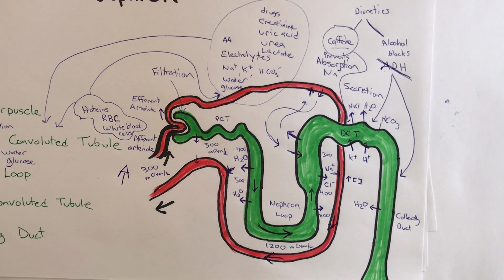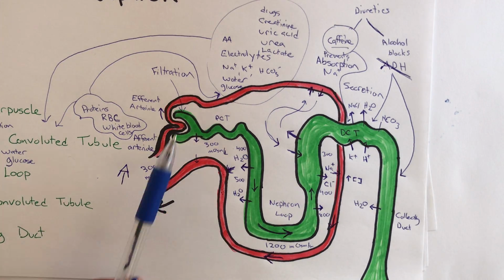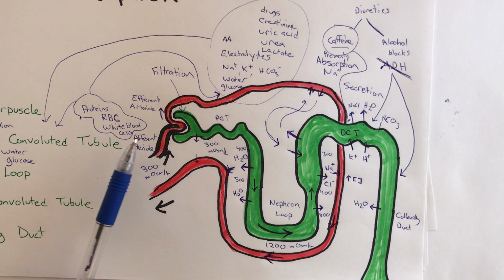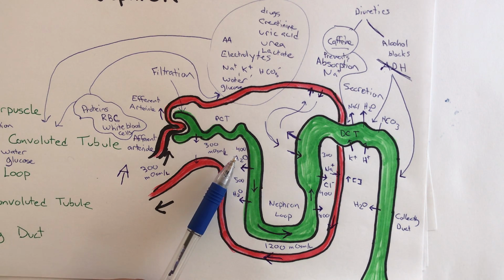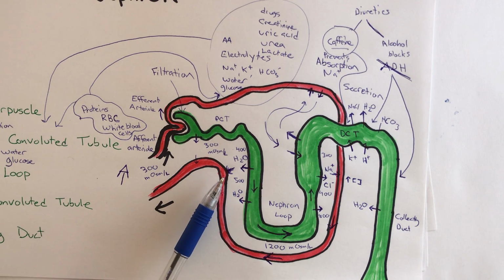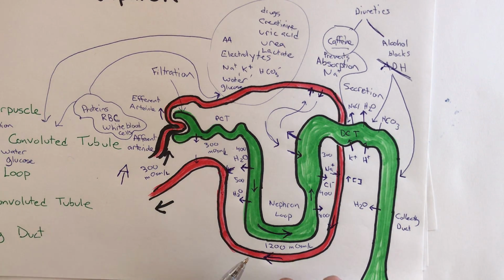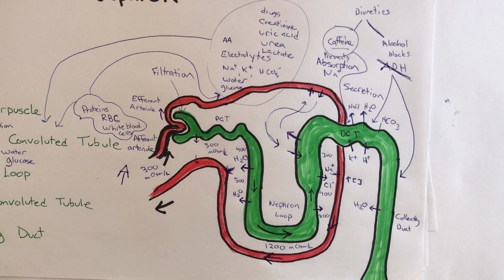Just to review the movement of ions and nutrients in the nephron loop. Whatever stays inside the tube gets excreted. If it moves into the tube, it's called secretion. If it moves out of the tube, it's called absorption. Why? Because it's going to move out and into the bloodstream. We have a very long tube, and this ensures the proper concentration at the end of our blood.